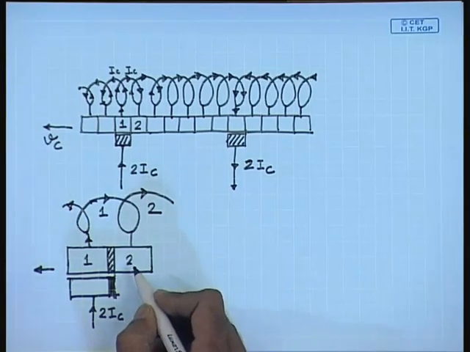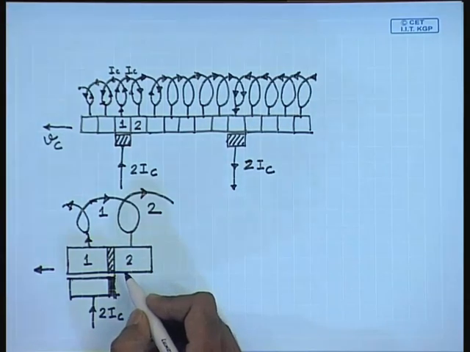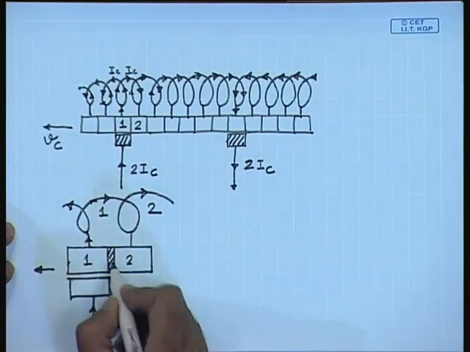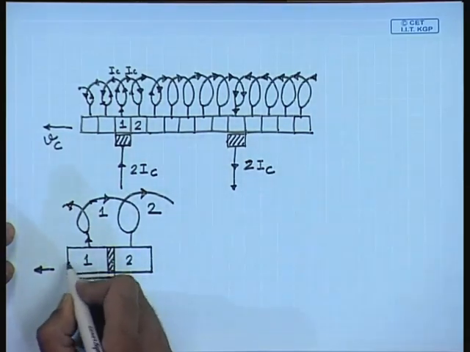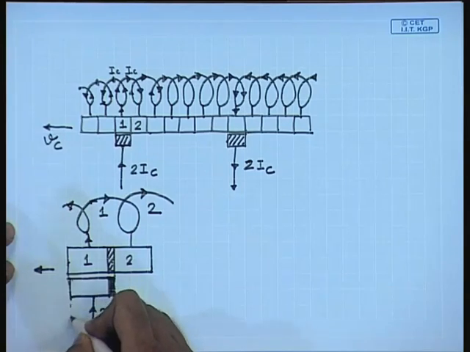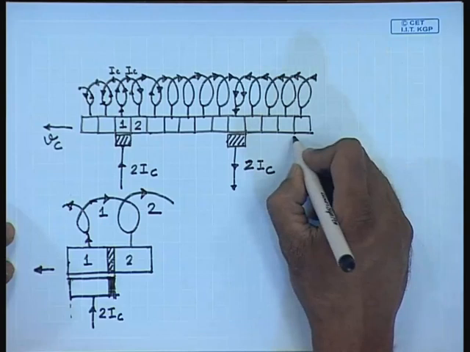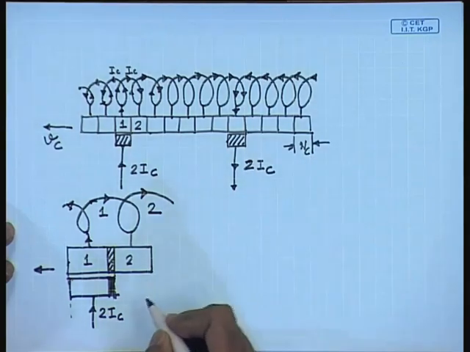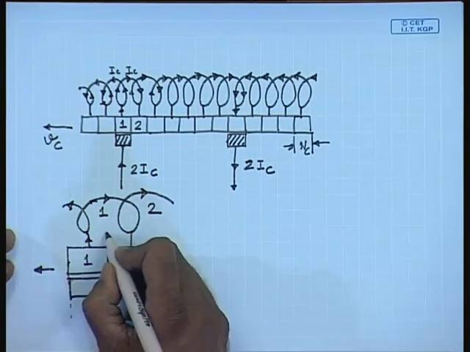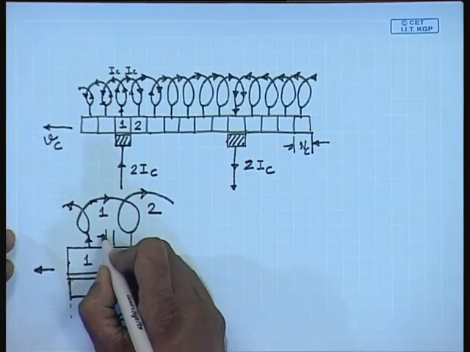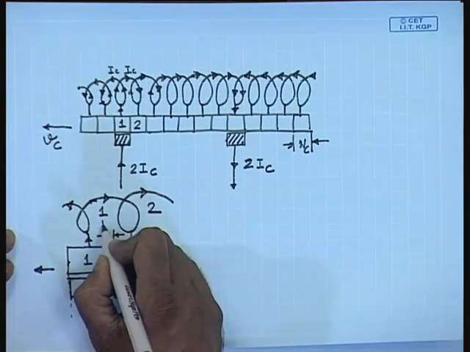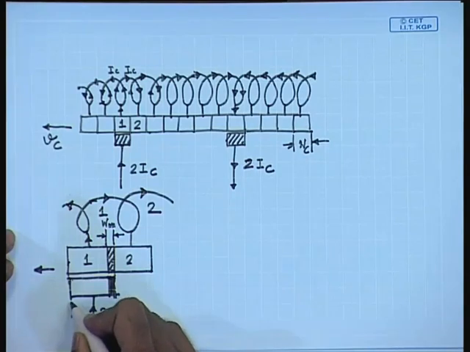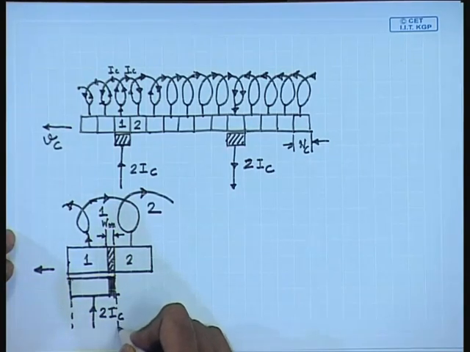Let us also define a few other quantities. For example, let us say the width of one commutator segment is Wc, the width of the mica insulation here is Wm, and the width of the brush is Wb.